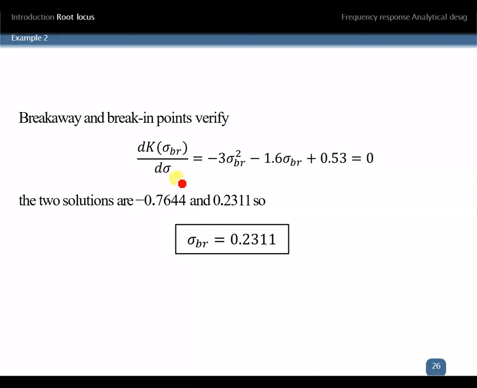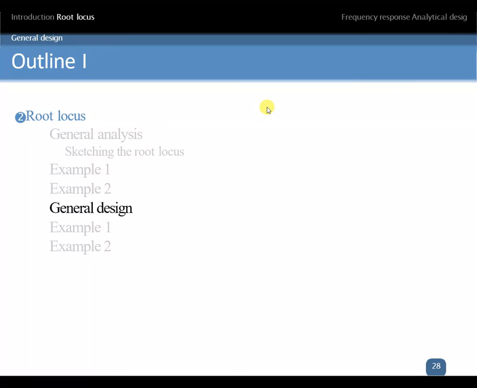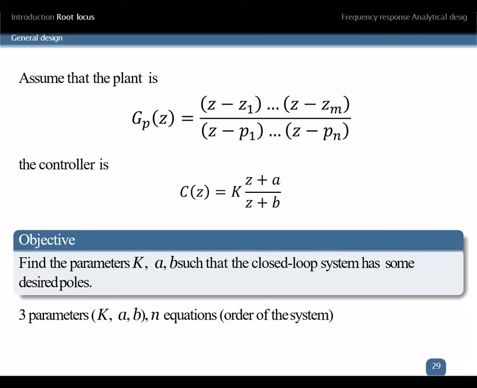But based on this, one of the two roots will not be accepted because it is not on the root locus. This one is not acceptable, and this one is acceptable. If you see here, this point will be your breakaway point. Now we go to general design.